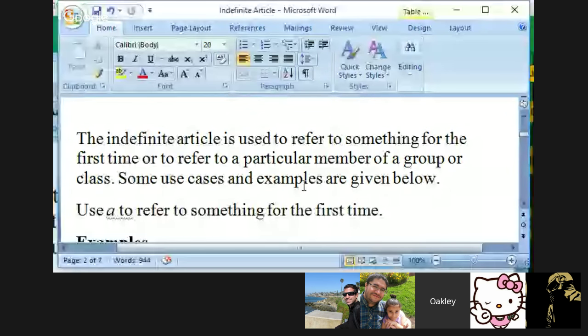All right, I'm going to do a screen share so you can follow along as I explain about the indefinite article, articles a and an. Thank goodness, actually, the indefinite article is a lot more straightforward than the definite article, the.